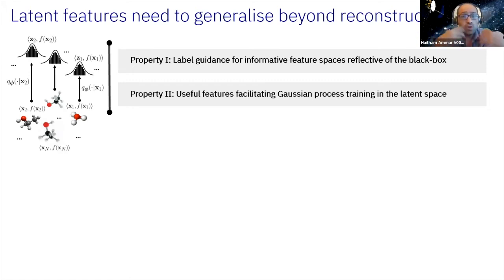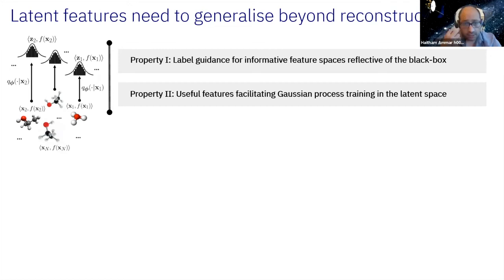So in other words, I want those latent spaces to be discriminative with respect to my black box function. If I have that, then my job is a little bit easier when I explore that latent space, because changes in the latent space are reflective of changes in the black box. So if I optimize in the latent space, I should be able to efficiently solve the problem.